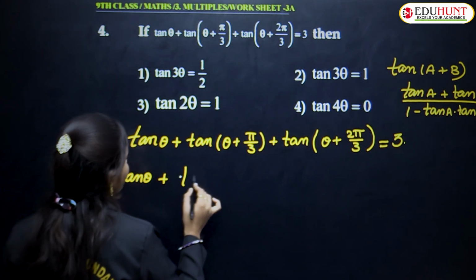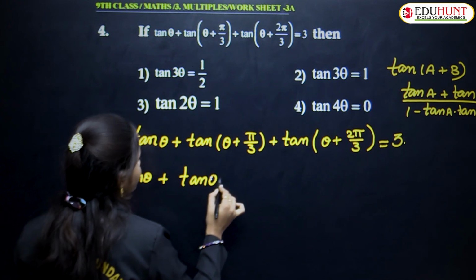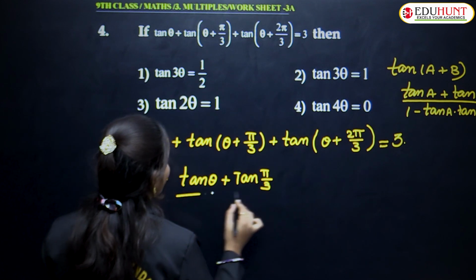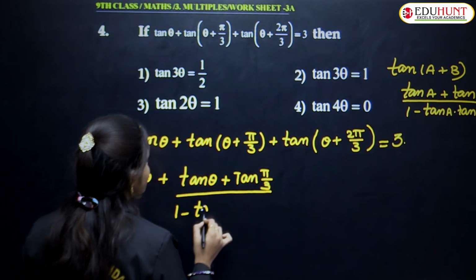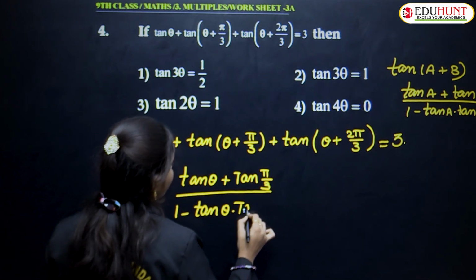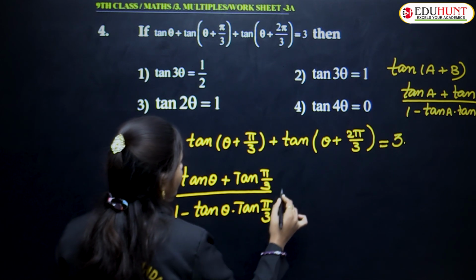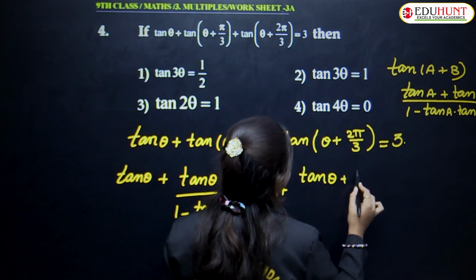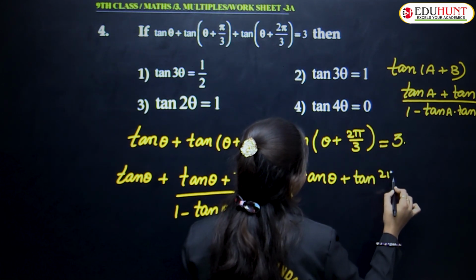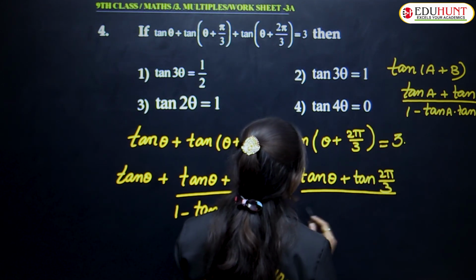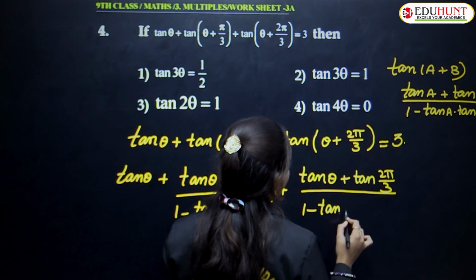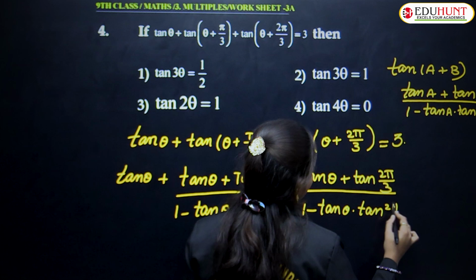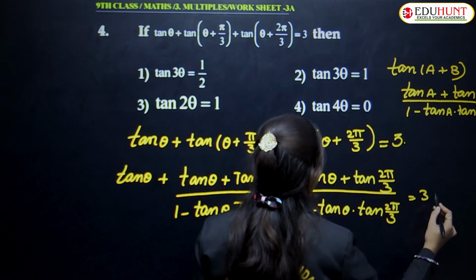So for tan(theta plus pi by 3): tan a plus tan b whole by 1 minus tan a tan b, plus here also the same, tan a plus tan b whole by 1 minus tan a tan b, which equals 3.